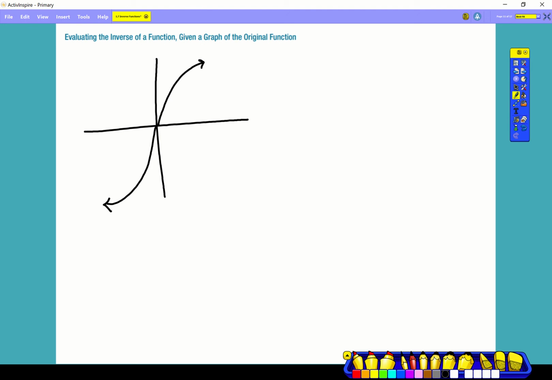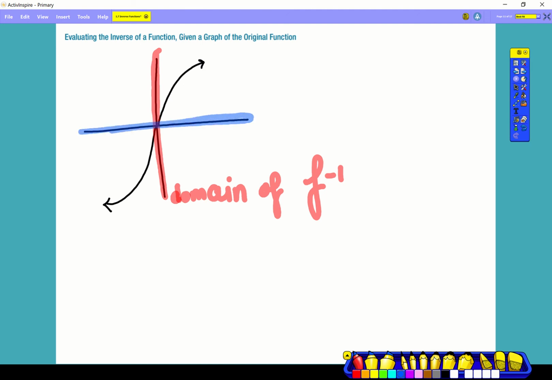Instead of going along the x-axis to find my domain of my original function, I'm going to go along the vertical axis, right here. And that's the domain of f inverse. Now, if we wanted to find the range of the inverse, we would have to look at the domain of the original function.